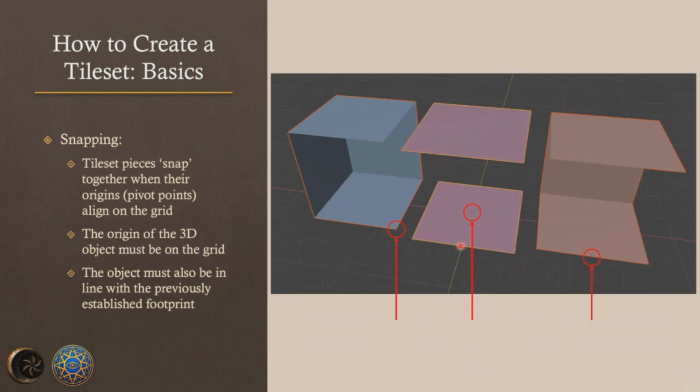Moving on, for these example pieces I made here, the origin for this mid piece is right in the center. The origin for this wall piece is sort of at the edge of the wall, but it's still on the grid, mind you. The origin for this corner piece is at the corner of the corner piece. Again, it's on the grid. It doesn't really matter where you put the origin, so long as it's on the grid and it's consistent.